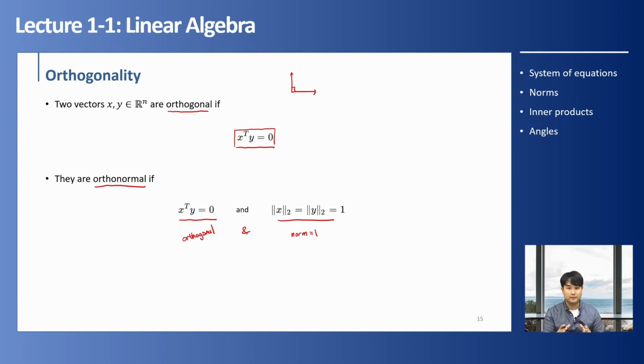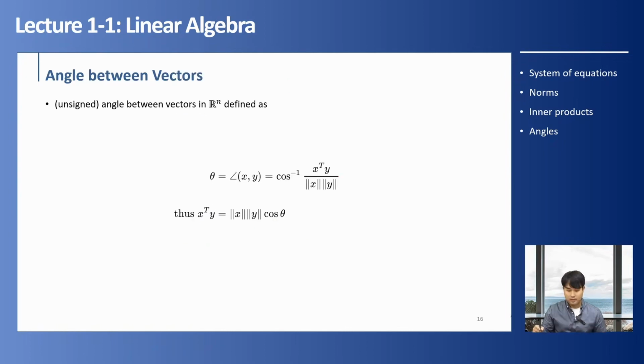This is another specific case where the vectors are both orthogonal and have a norm equal to 1. Then what about a general case? The angle between two vectors can be expressed as the following. Now, before I talk more about this, I'd like to quickly review a geometric view of inner products.